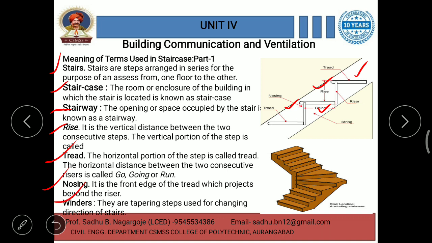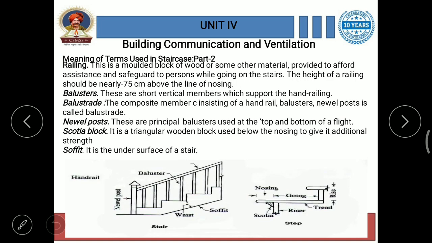Then winders: they are tapering steps used for changing the direction of stairs. Then the next term, railing. This is a molded block of wood or some other material provided to afford assistance and safeguard to persons while going on the stairs.